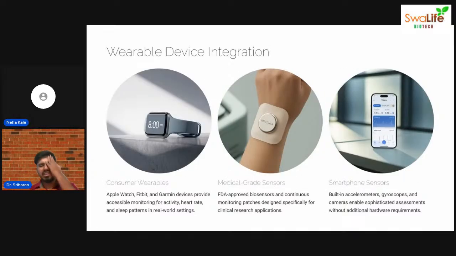Here, wearable device integration. The app is a source of data management. How do wearable devices play a major role in DCT? The app and the wearable devices both come under digital biomarkers. They are both digital biomarkers, there is no doubt about it.